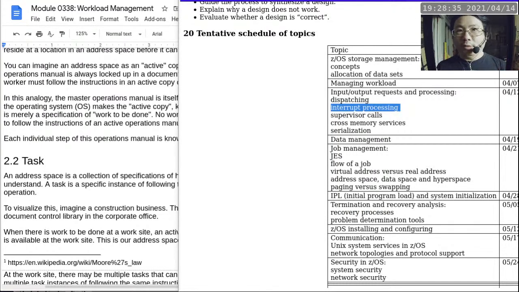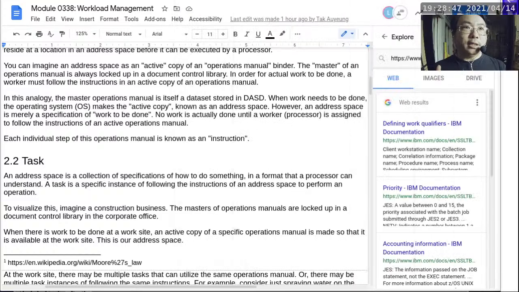But I do want to give you the idea of what interrupt processing is, because the word interrupt is a fairly common word, but it has a very special meaning when it comes to computers. I can give you an analogy that is very easy to remember, and it makes sense. Let's think about a very typical situation of a professor, in this case me, in my office.